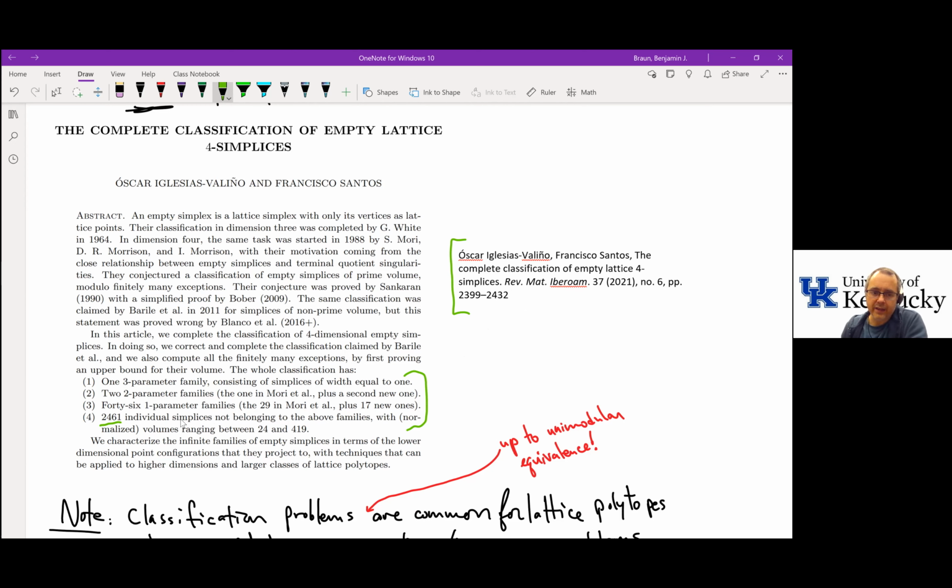So if I triangulate a 4-dimensional lattice polytope, what simplices might I see once I've broken it down as far as I can and I can't subdivide it anymore? The answer is you're going to see one of these types, including 1, 2, 49 infinite families, and then these roughly 2,500 exceptional cases. Okay. So it gets really wild, is the point.